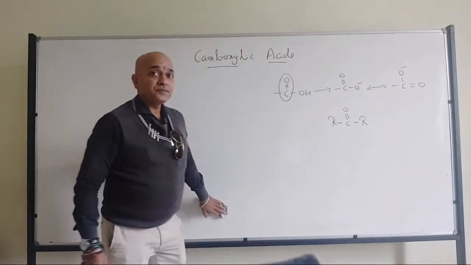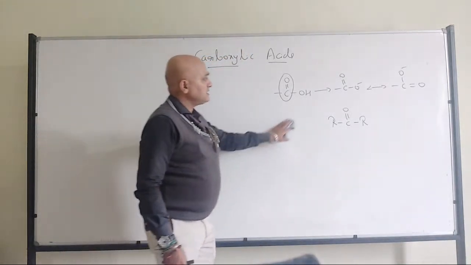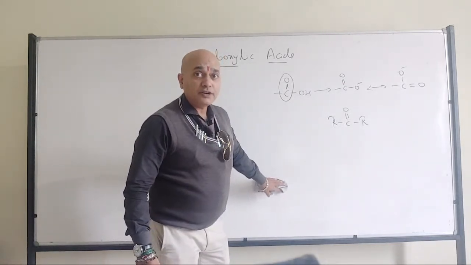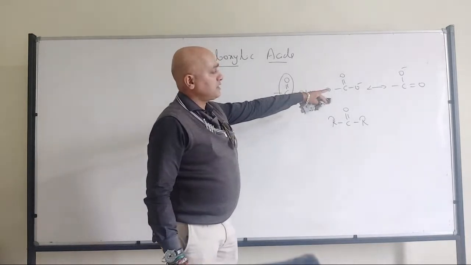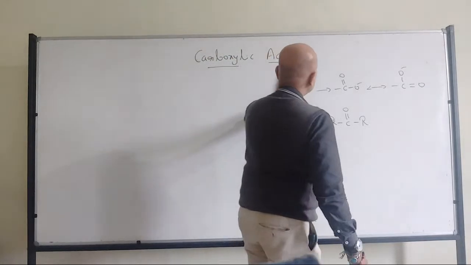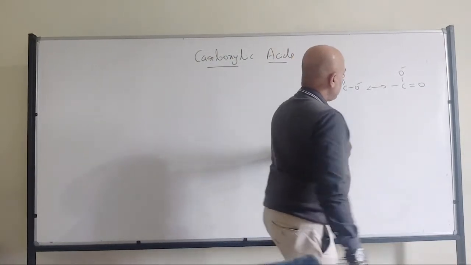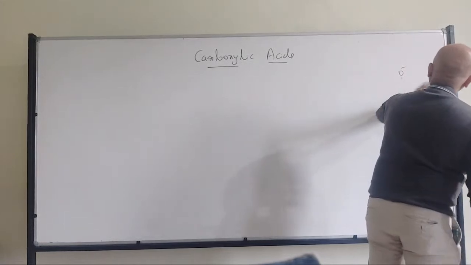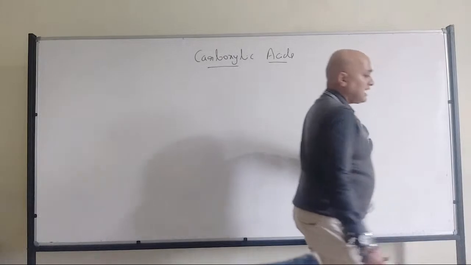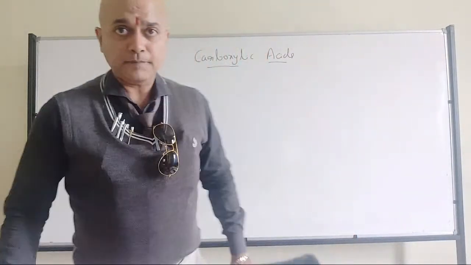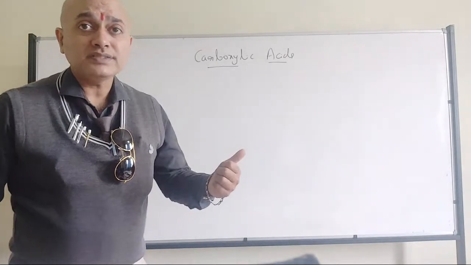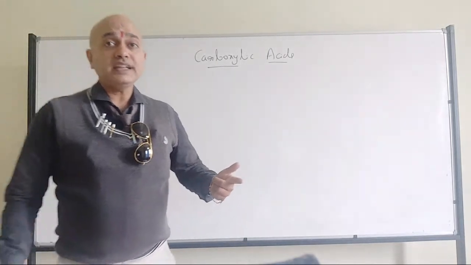That is one thing. And the second thing is, carboxylic acid is an acid because even at acidic pH it can donate the H plus, because the product that is formed, the carboxylate, can be stabilized by resonance. So these are the reasons why carboxylic acids have acidic character, and why the carbonyl carbon of carboxylic acid is less electrophilic in nature.